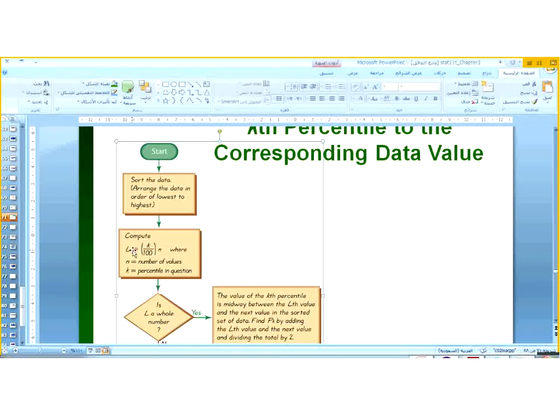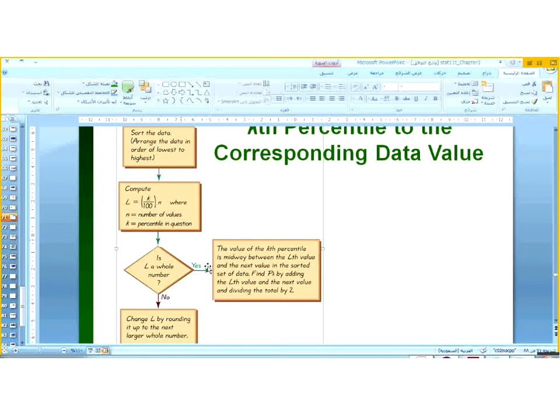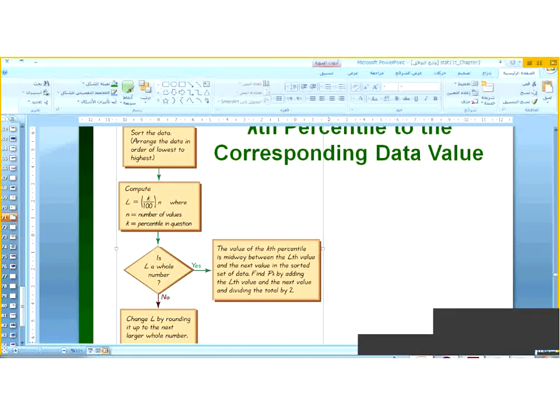If L comes out as a number like 6, 25, 2, or 7, here we have two cases, whether it's a whole number or not. If it is a whole number, the value of the k-th percentile is midway between the L-th value and the next value in the sorted set of data. Find Pk by adding the L-th value and the next value and dividing the total by 2. For example, if the value is 7, I go and look at the seventh value and the eighth value, add them and divide by 2, and the resulting value is the k-th percentile.